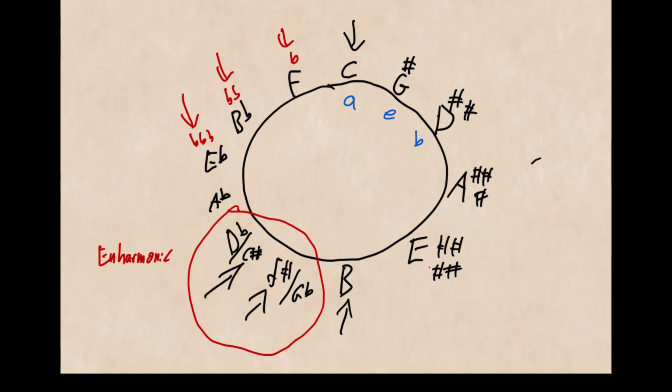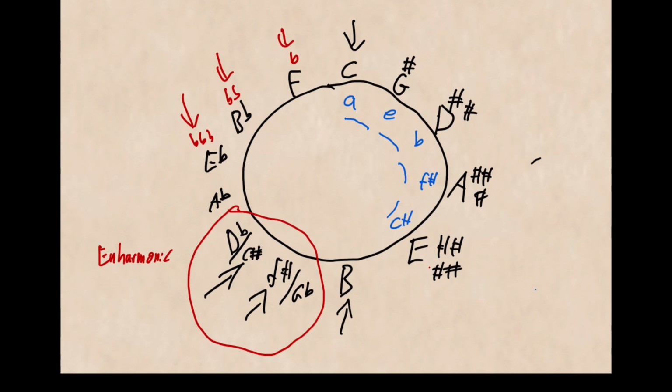For every key signature, there's a major and a relative minor: F sharp minor, C sharp minor, and so forth. And notice that these are also traveling here in fifths. E is a fifth away from A, B is a fifth away from E. This is the other reason it's called the circle of fifths, because even if we're talking about major or minor, everything is a fifth away from the previous key.